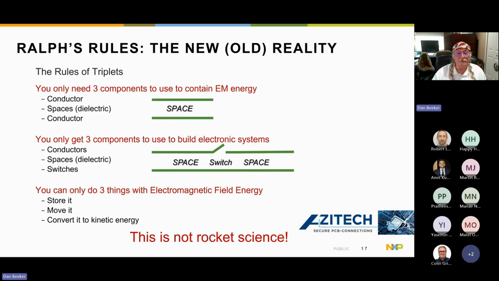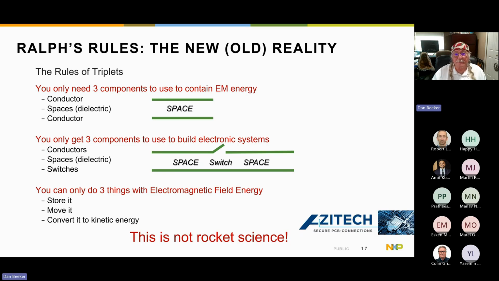So it's all threes. It's really wonderful because three is an easy number. To contain field energy, you only need three separate components. You need two discrete conductors, what I'm calling the wires, and the dielectric or space. The energy then is stored in the space between the two wires.